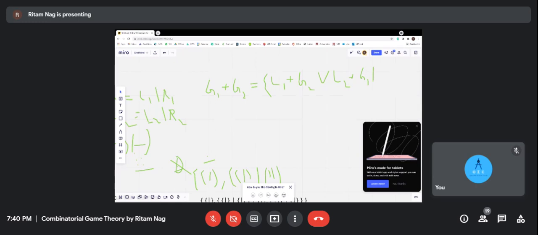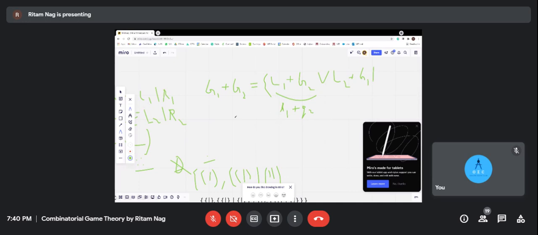So why does this L1 plus G2 come here, and what is that symbol in between? That's a union, but it's looking like a V because of my handwriting. By the way, these sets are defined as sums of L1 plus G2. This is defined as the set of all sums.